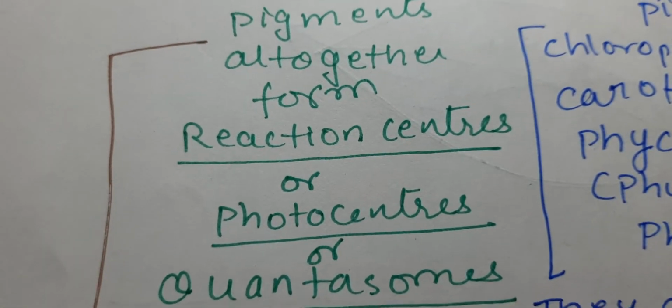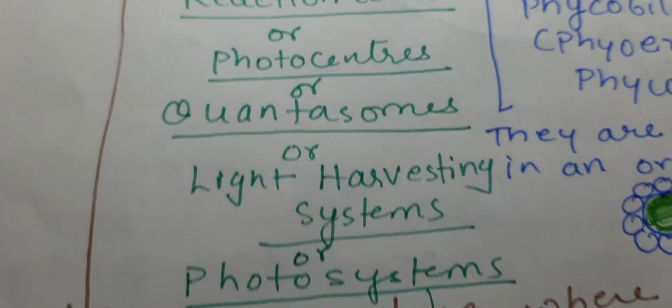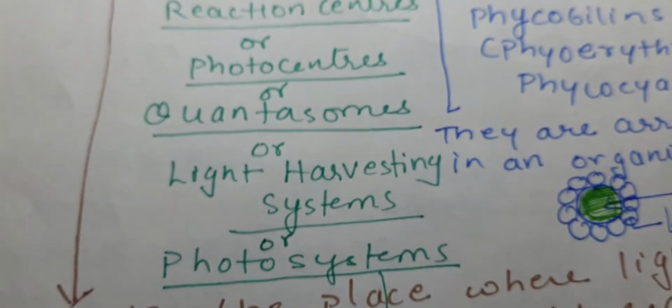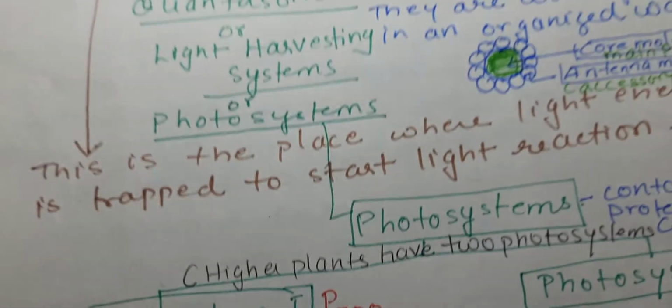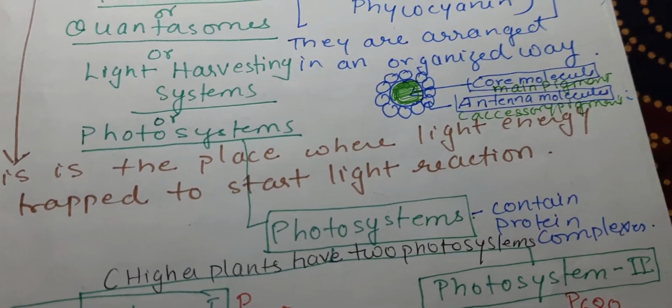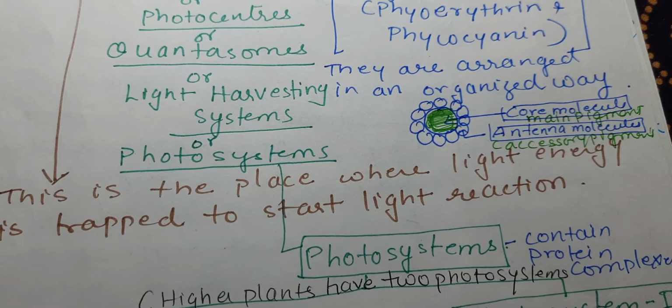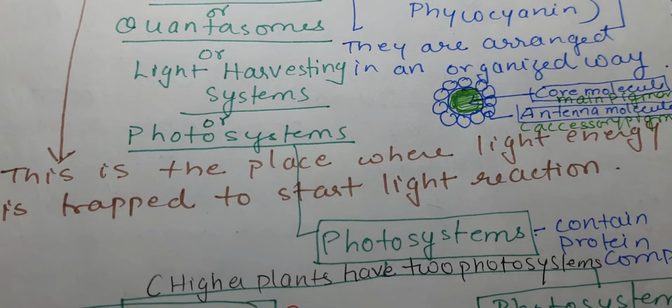These pigments all together are known as reaction center or photocenter or quantosomes or light harvesting system or photosystem. Okay, so basically it forms the place where light energy is trapped to start the light reaction.